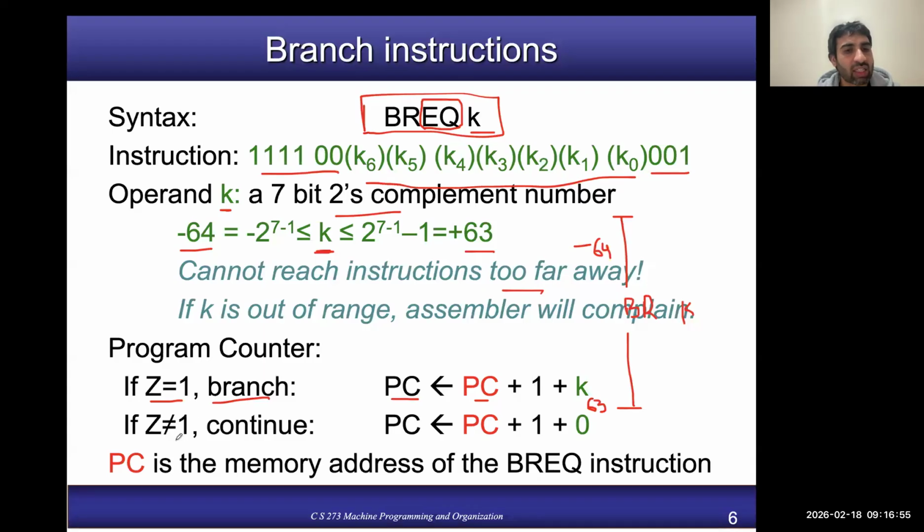In case the Z flag is not equal to 1, which means those two numbers are not equal, then K is not added. PC is updated only by incrementing it by 1. Okay. Is everyone clear on this? Okay, thank you. If you still have confusion about how PC plus 1 plus K is calculated, we will see a couple of examples and then it will become clear to you.